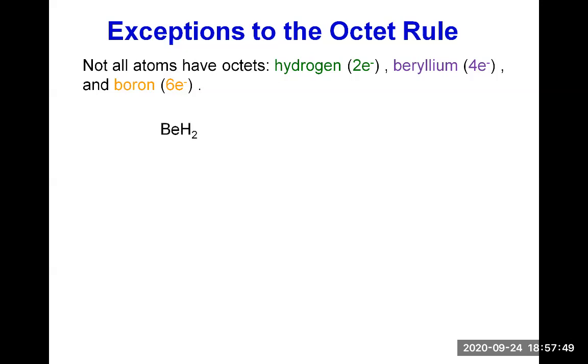Let's look at an example of beryllium, BeH2. Beryllium is in group 2A, so it brings 2 valence electrons, and then each hydrogen brings 1 valence electron, times 2. So that's 2 electrons from beryllium, 2 electrons from the 2 hydrogens, that's 4 electrons in total.